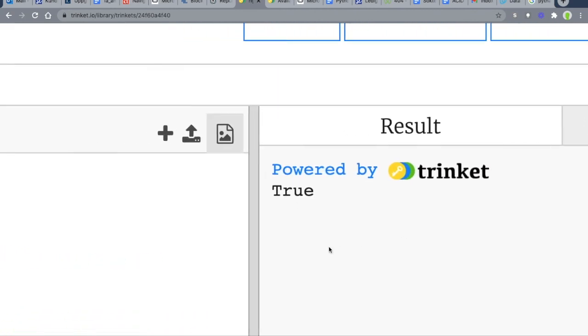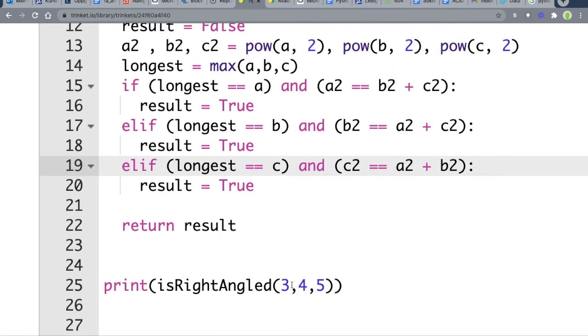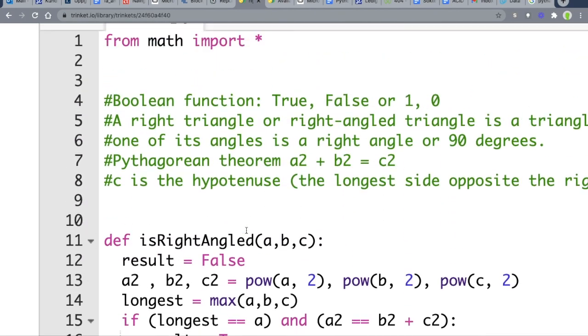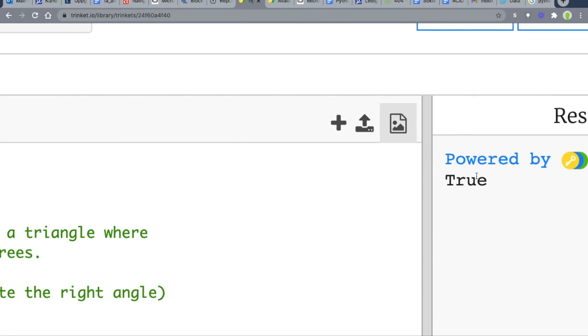So it means that for this triangle, one side is 3, the other is 4, and the third one is the hypotenuse, 5. Let's see if we change the order. If we write 4 here, 5 here and 3 here, it should give the right result as well. Run it and the result is true.